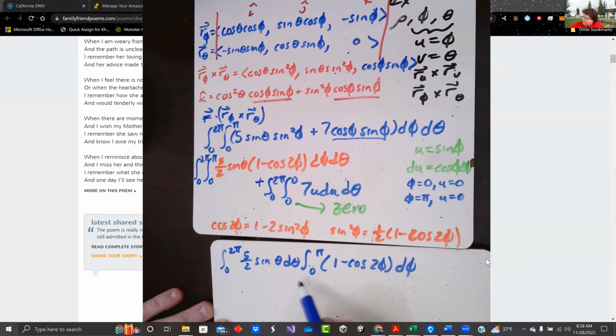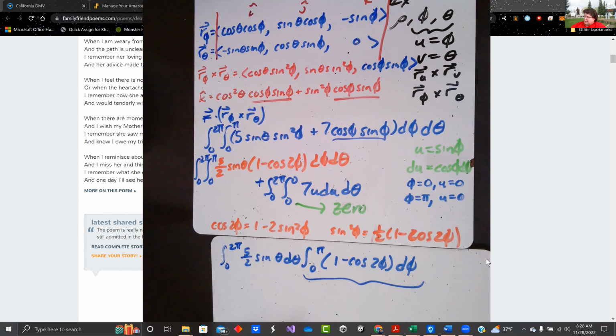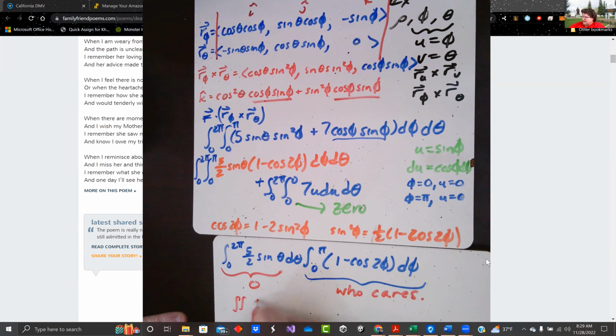And this one might have an answer, but the left side, we're going from 0 to 2 pi on sine. This goes to 0 also. So our entire process, F dot n dS, resulted in 0.